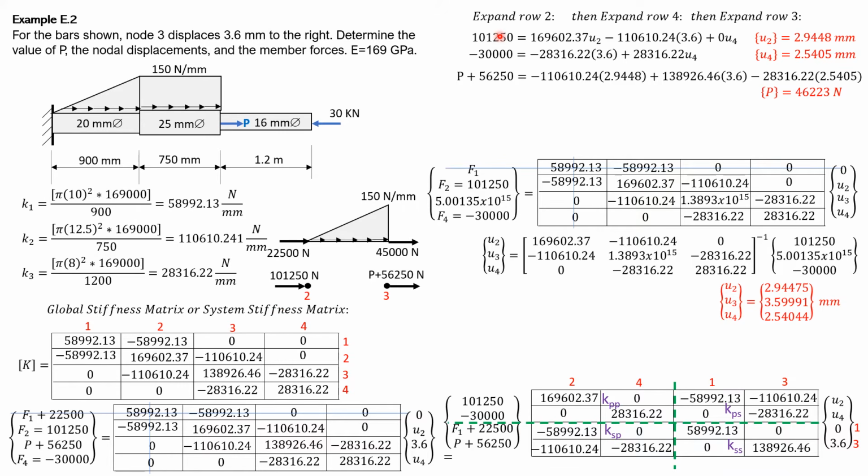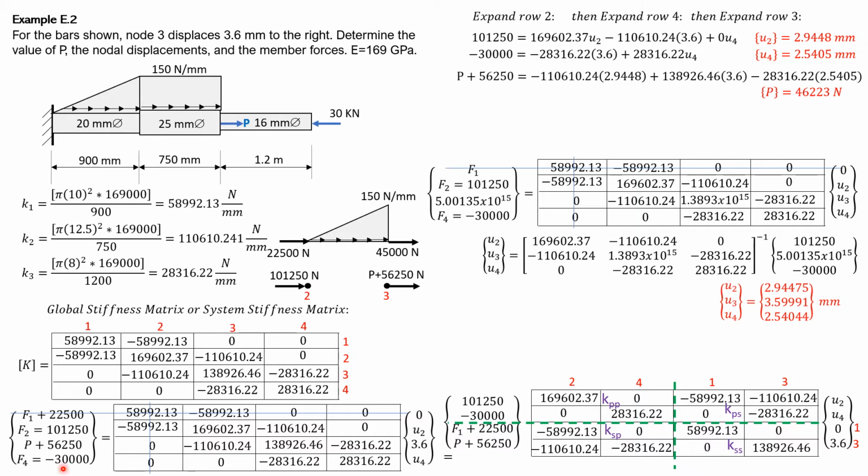So when we expand row 2, this is 101,250 equals 169,602.37 times U2, then minus 110,610.24 times 3.6 plus 0 times U4. So solving this equation, you'll get U2 equals 2.9448 mm.